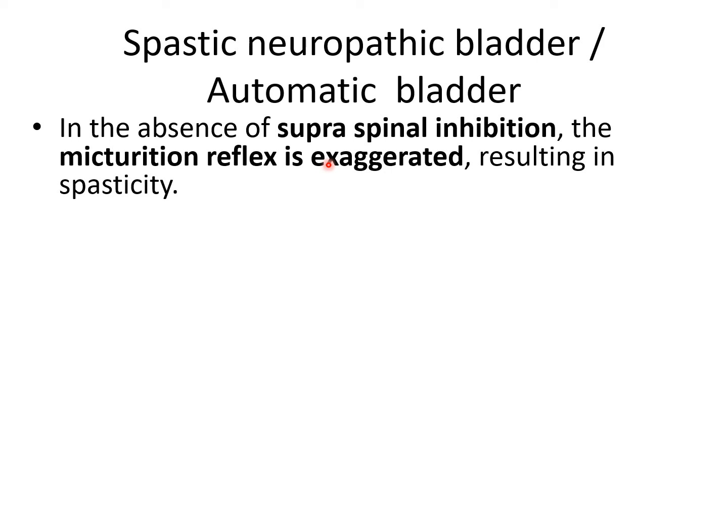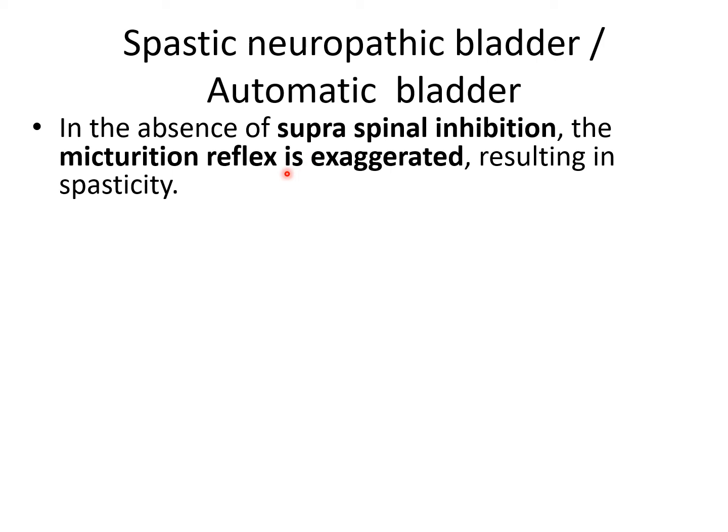The supraspinal center mainly has an inhibitory effect. So in the absence of supraspinal inhibition, the micturition reflex is exaggerated here. And this exaggerated reflex causes sustained contraction of the detrusor muscle, resulting in spasticity.